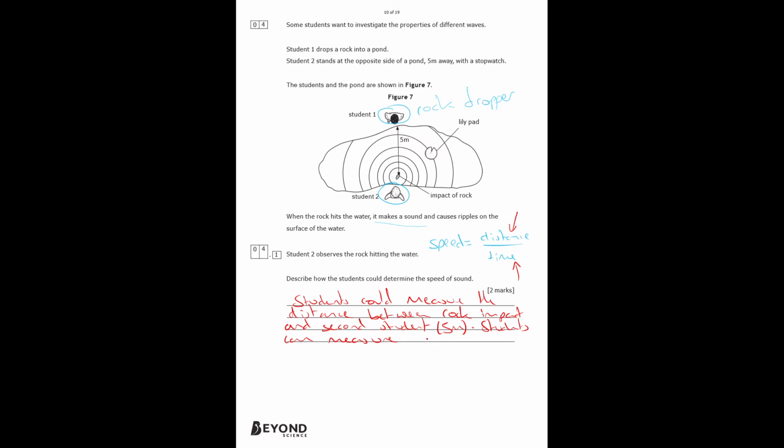Students can measure the time between seeing the rock hit the water and hearing it. And lastly, speed equals distance over time for the speed of sound. That is how they could find the speed of sound.